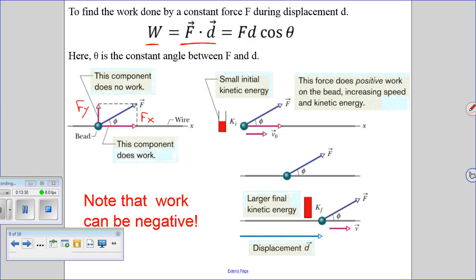But Fy is perpendicular to the direction of motion, so it's not going to do any work. The only force that's doing any work is the x component. And isn't that just F cosine theta? Follow? So we're pushing it horizontally with a force equal to Fx through some distance d. So this F cosine theta is really just Fx times the distance you push it.